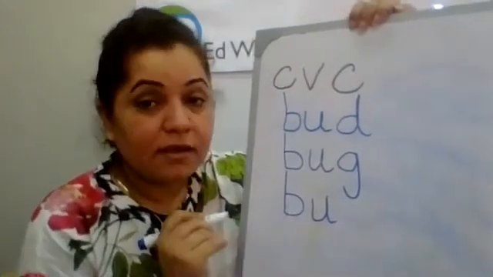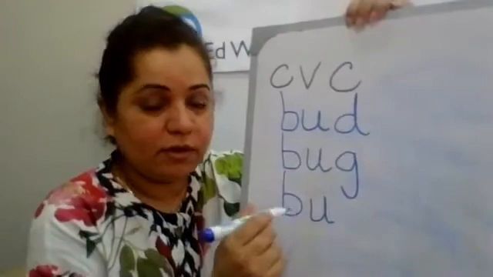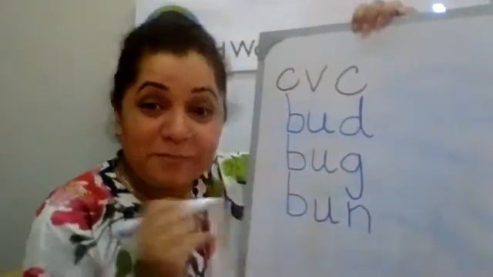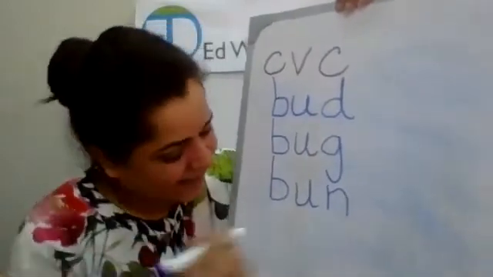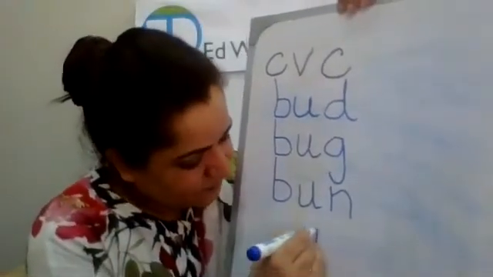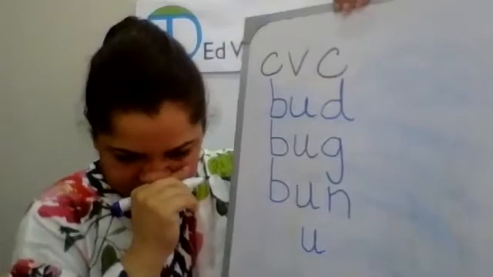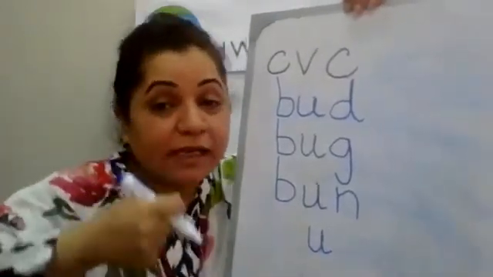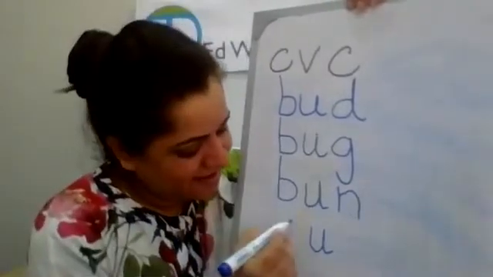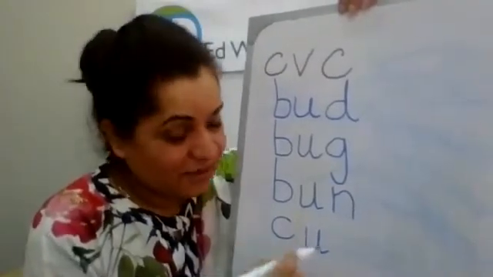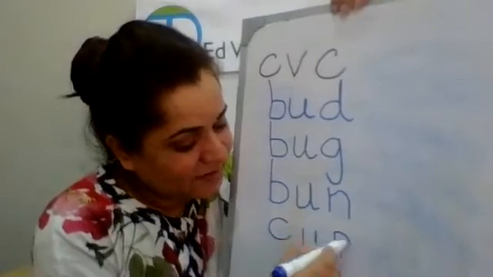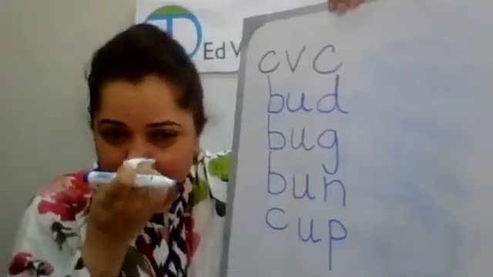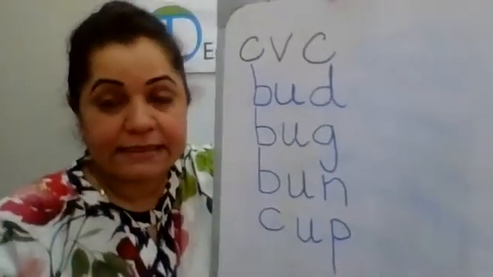B, U, N, bun. Yeah, good. Then with bun, what do we want to drink in something? Yes, C, U, P. Cup. Very good. Excellent.